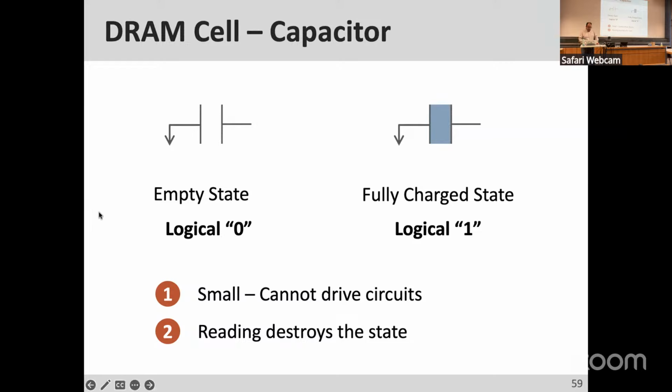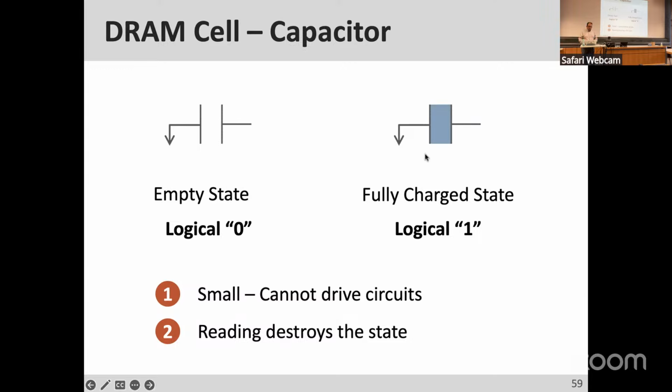So that's why these cells are small, they cannot drive circuits. Also, reading from DRAM is considered to be destructive, because through the charge sharing process, which we're also going to show later, the DRAM cell will lose some charge or gain some charge, depending on the state.